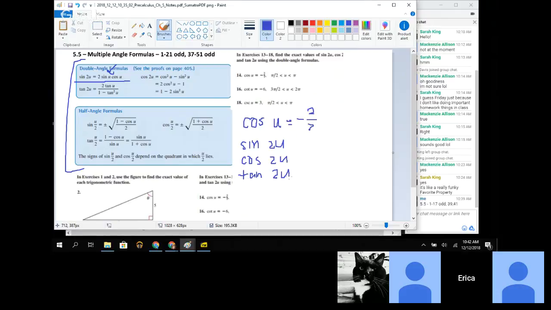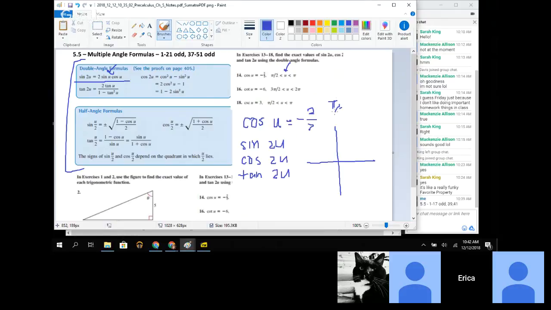What you're actually going to want to do for these problems, it's a little different than the last section, is draw a picture of what we have going on. One thing is it tells you that u is between pi over 2 and pi.